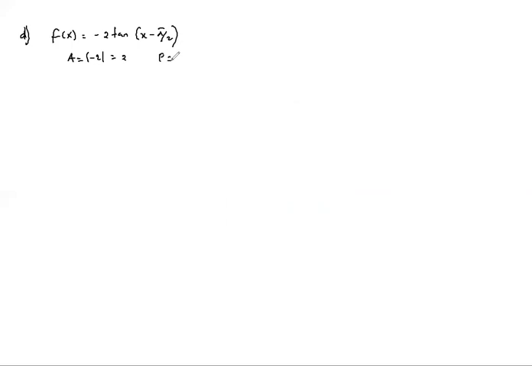The period is what changes. So it's pi over the coefficient there, which is 1, so it will be pi. And then the shift, nothing changes. Horizontal shift, x minus pi over 2 is equal to 0, so pi over 2 is the shift. Then the vertical shift is 0. Then you can sketch tan.